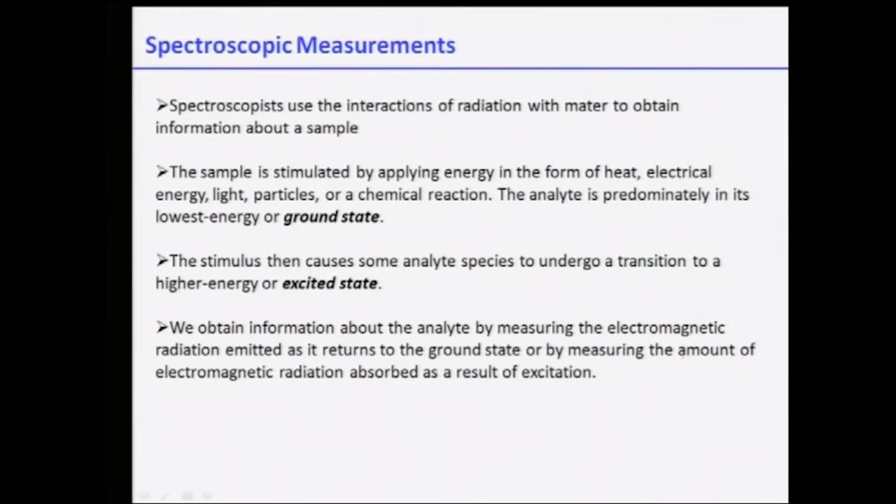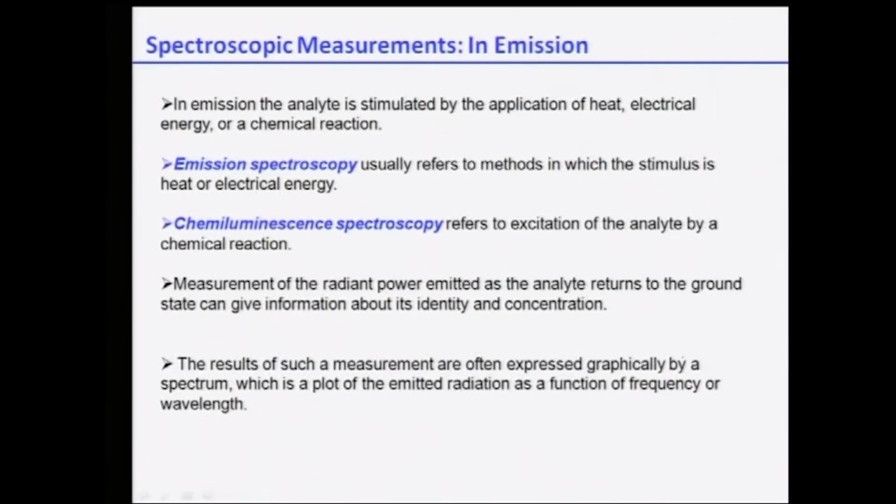in the laboratory. Now, depending on that, we can have different kinds of techniques. In emission spectroscopy, the sample is stimulated by heat, electrical energy or chemical reactions. Normally the stimulus is heat and electricity in emission spectroscopy.